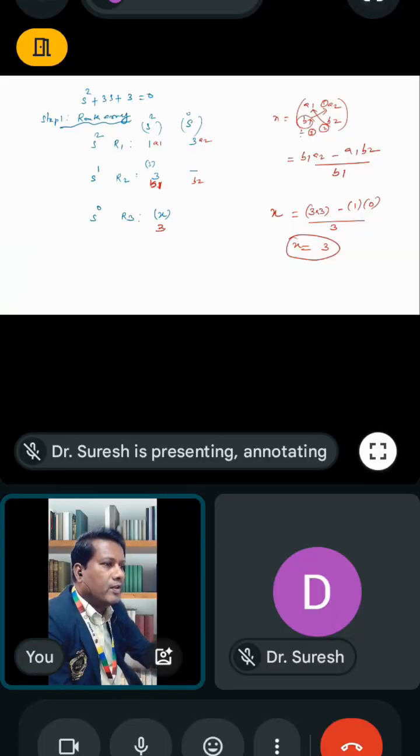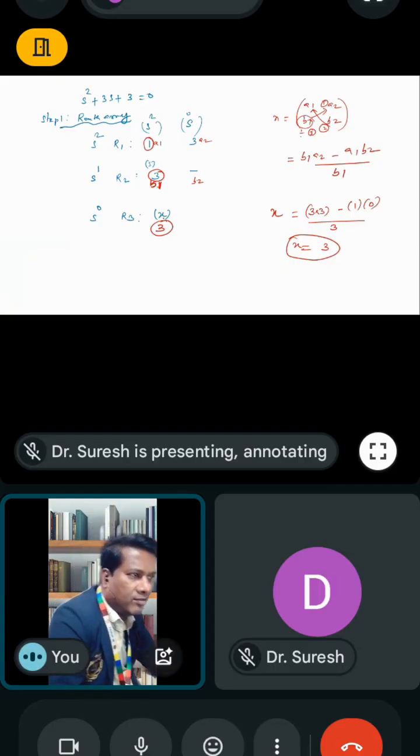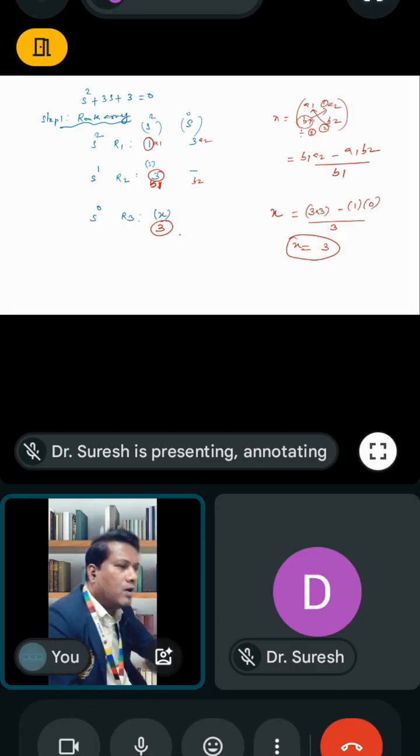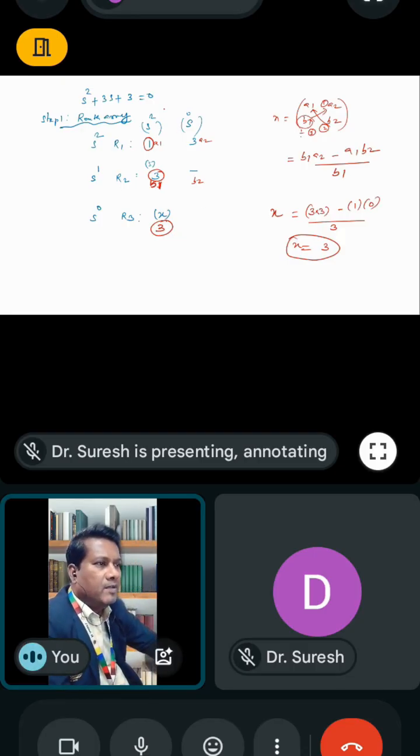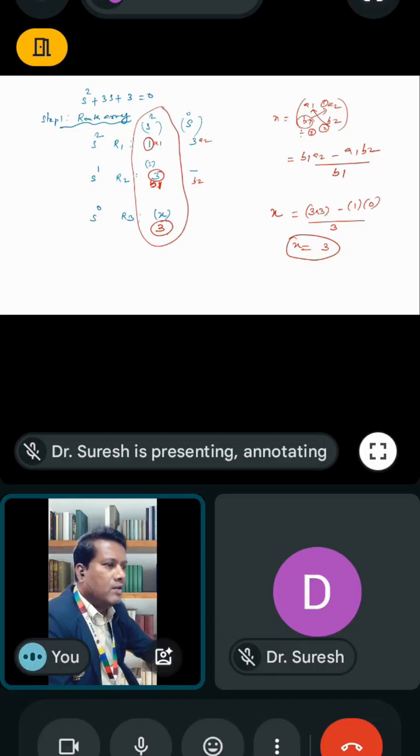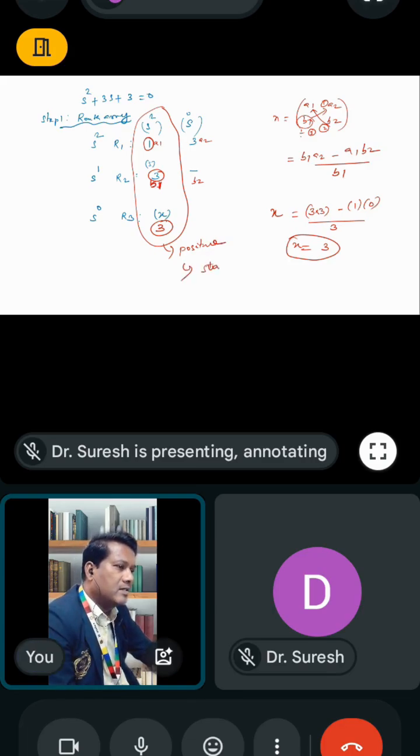So the values in the first column are 1, 3, 3. All the first column elements are positive. If positive, the system is stable.